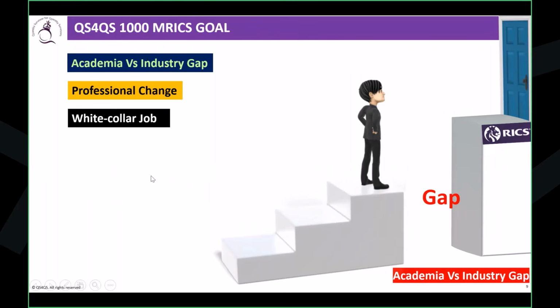Another thing is within the construction industry itself. Working as a quantity surveyor is somehow more comfortable, with a good salary, compared to site working people like technicians and site engineers. These people suffer a lot on site, especially in the Gulf region, with a lot of problems from the climate.